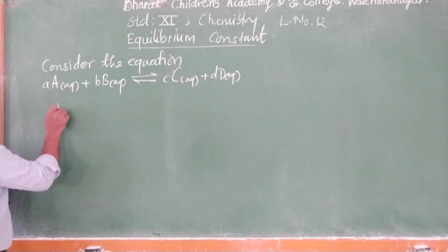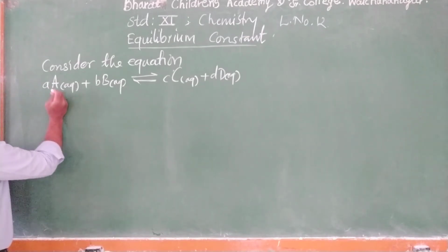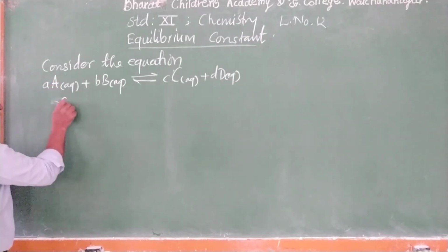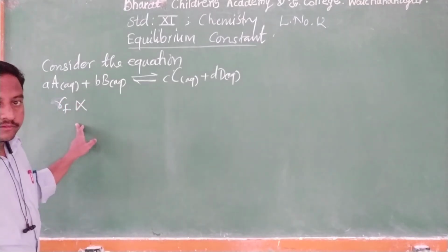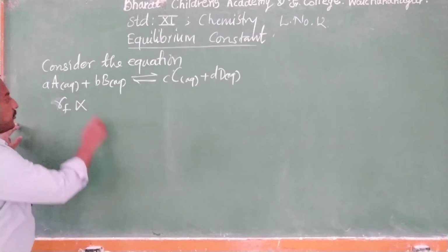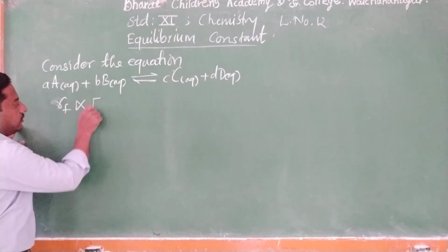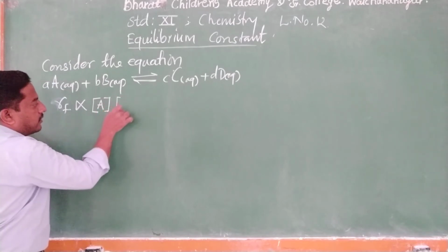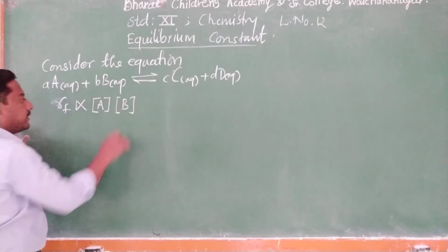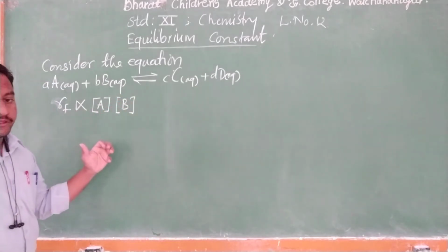The rate of the forward reaction, you may term it as Rf, we considered yesterday, will be directly proportional to the concentration of A into the concentration of B. Now, what will be the difference?